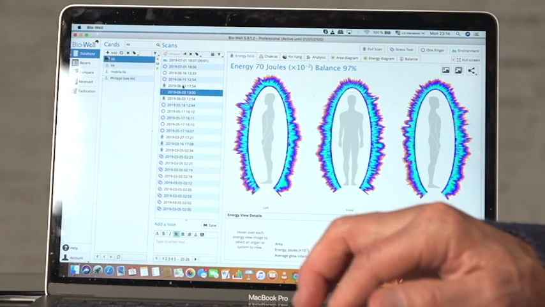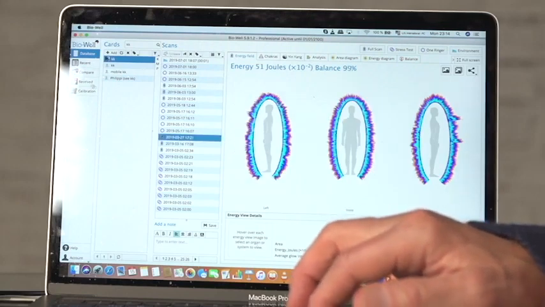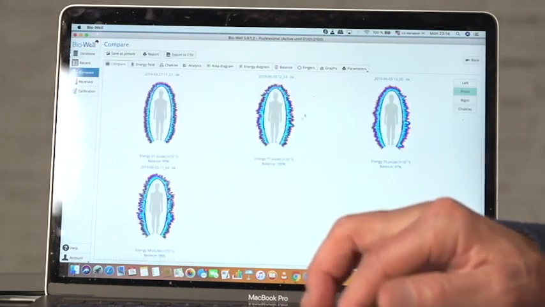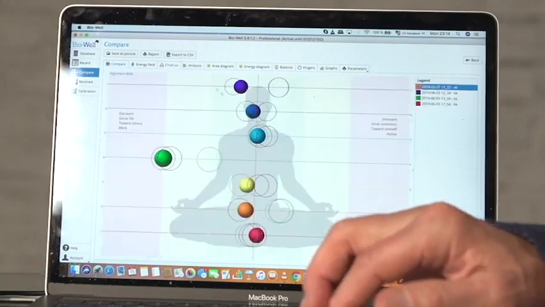So if we send several readings, go to compare, we can compare several readings. Now it's 4 of them. And again see all responses in time.